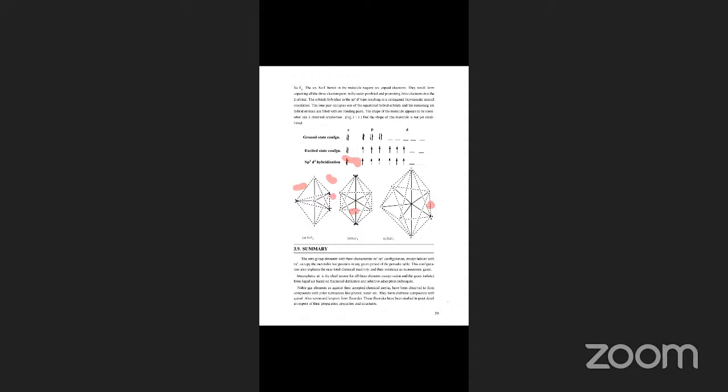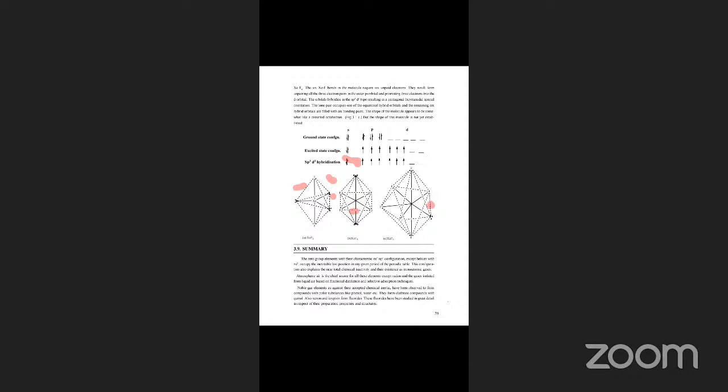What are the zero group elements? Helium, neon, argon, krypton, xenon, radon. Except radon, all are gases, available in atmospheric air. Radon is a radioactive element.